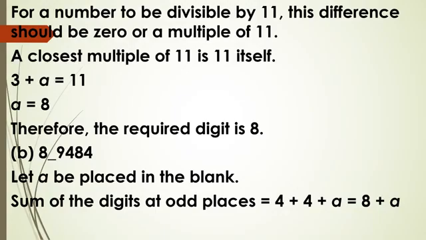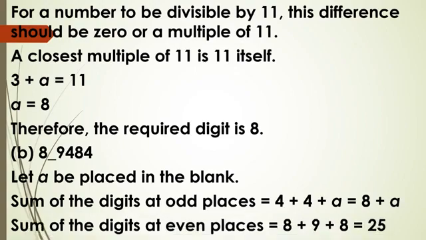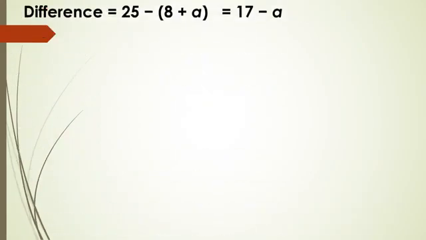A will remain as it is. Sum of the digits at even places. It is 8 plus 9 plus 8, which is equal to 25. Difference is 25 minus 8 and minus A. Both you have to subtract, right? 8 also you will subtract and A also you will subtract. So 25 minus 8 is 17 and A is left.